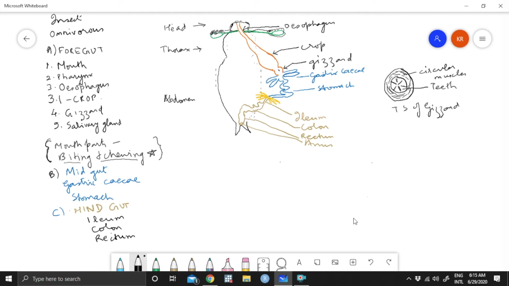But we should remember that they are made up of biting and chewing type of mouth parts. We cannot show the mouth part here because it is at right angles to this entire ventral view. This view is called the ventral view showing digestive system.